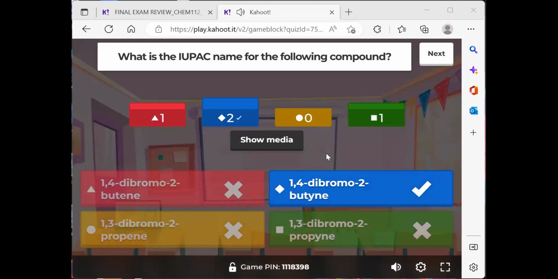Make sure that you review naming organic molecules, specifically the ones that I highlighted and we did in chapter 4.